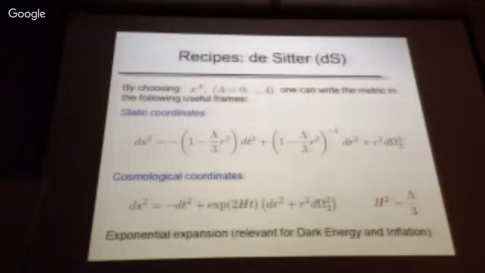Well, when r is equal to the square root of 3 over lambda, then this term here goes to 0, or this one blows up to infinity. That is why we cannot actually see beyond a certain distance. Now that we have a dark energy phase, we cannot see beyond a certain distance from the Earth. That's what is called the Hubble horizon.